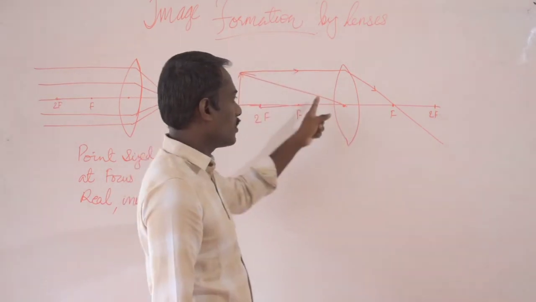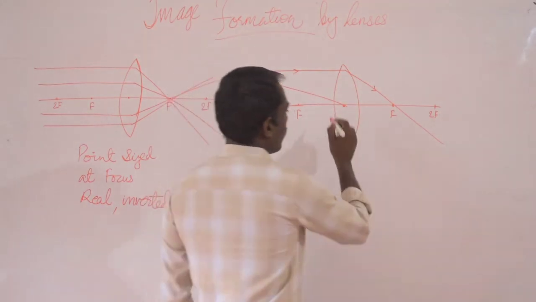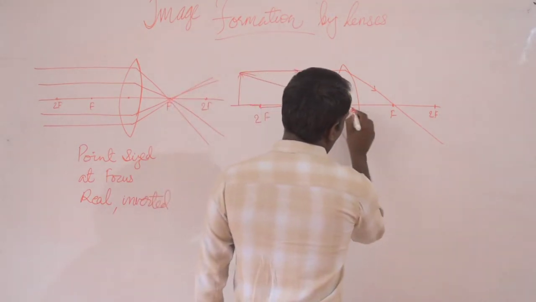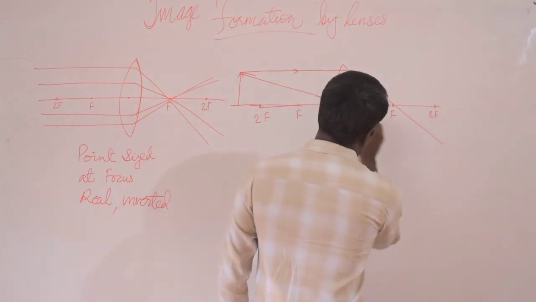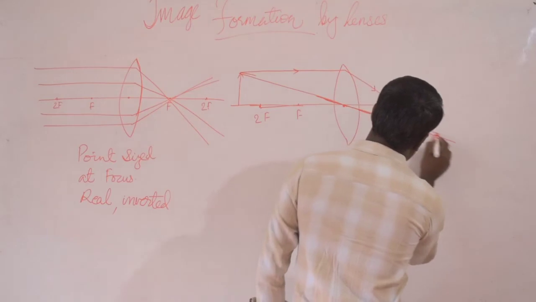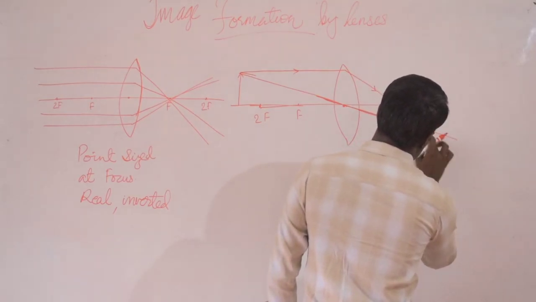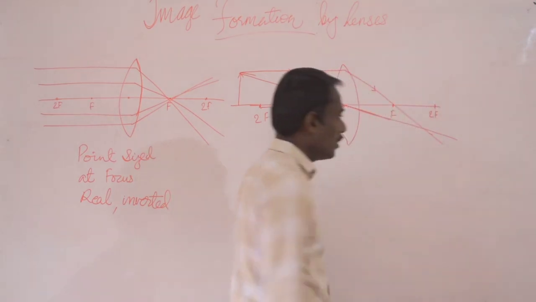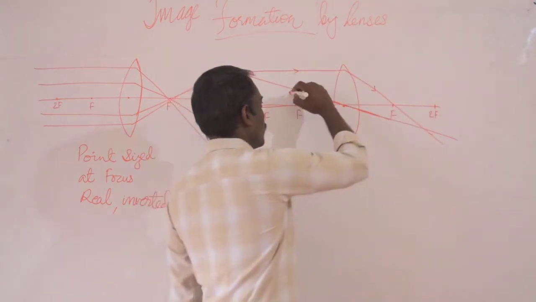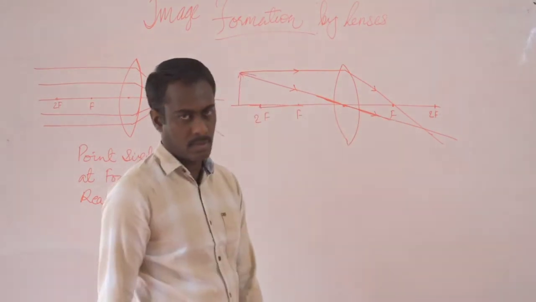Any ray of light passing through the optical center of the lens is not refracted, so it will continue its path straight. There is no refraction.